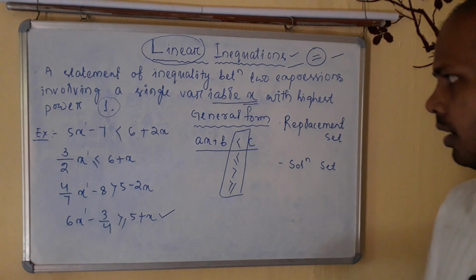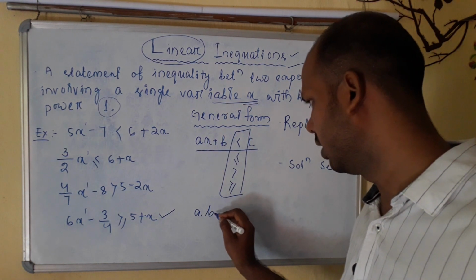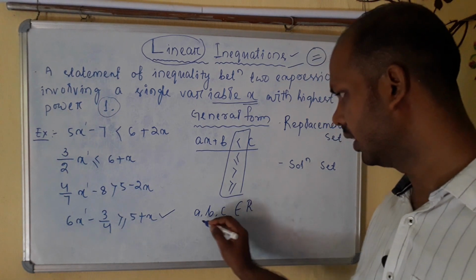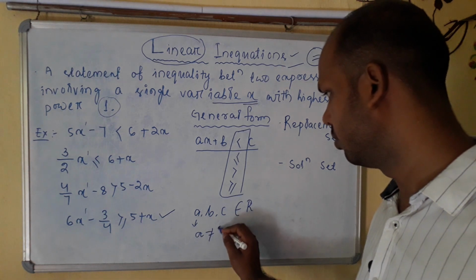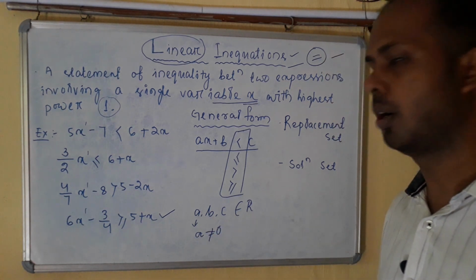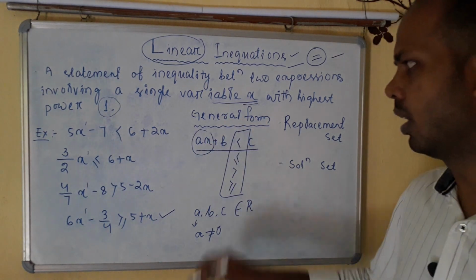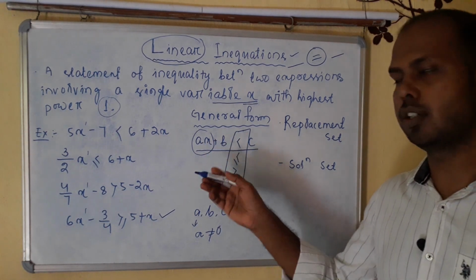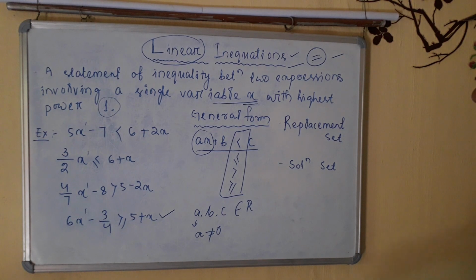And a, b, c belong to the set of real numbers, where a should not be equal to 0. If it is 0, what will happen? This term will be 0. As a result, we have no variable, since 0 into x is 0. So there will be no variable. That's why a should not be equal to 0.